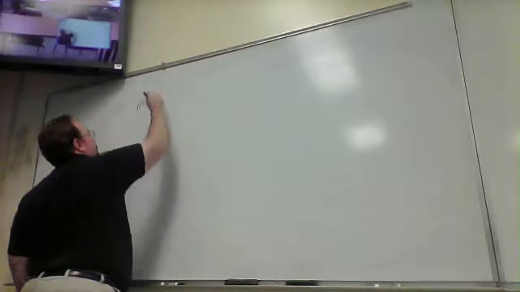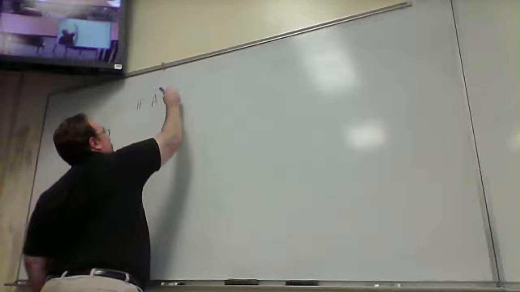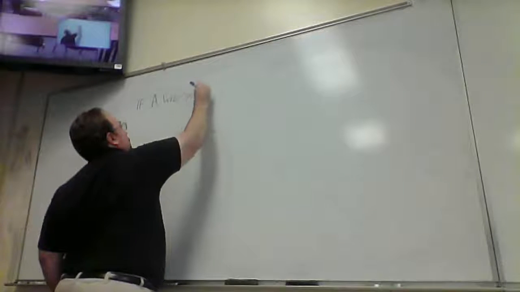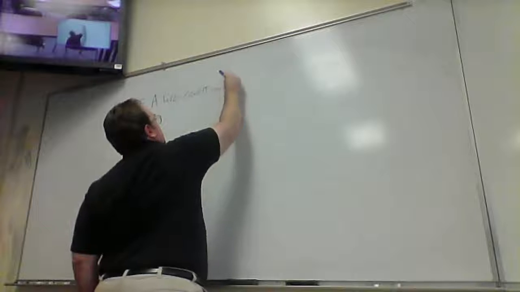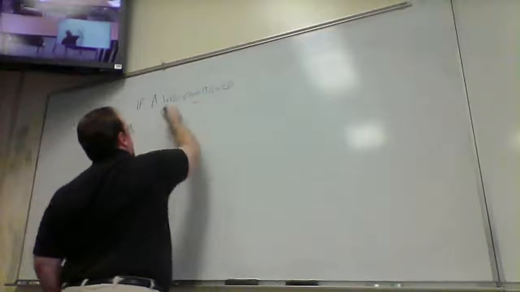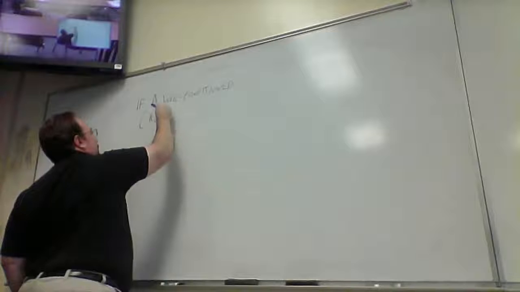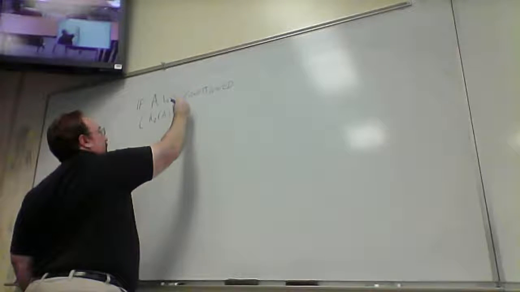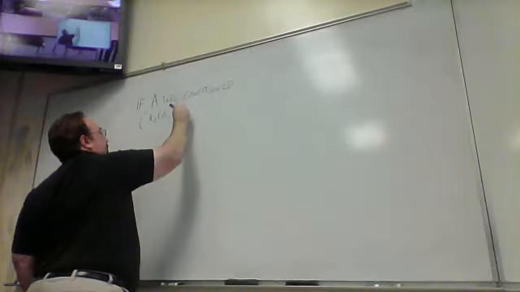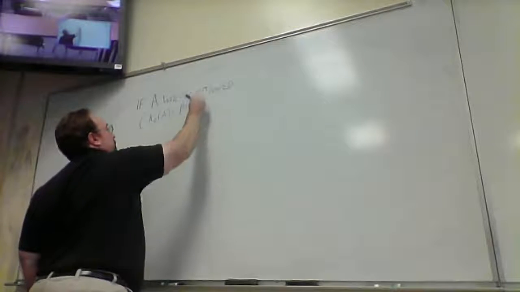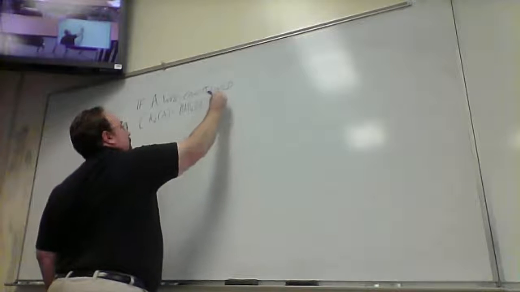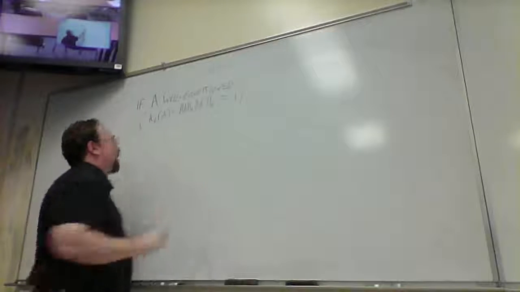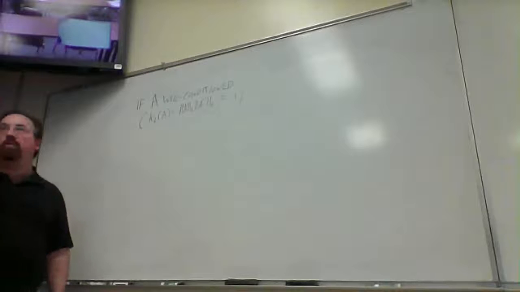Okay, so I'll try to draw two different scenarios. Suppose A is well conditioned. So that means that the condition number of A, I'll use a 2 norm here for concreteness, which is the 2 norm of A times the 2 norm of A inverse, is not very large. So condition number is always greater than or equal to 1.